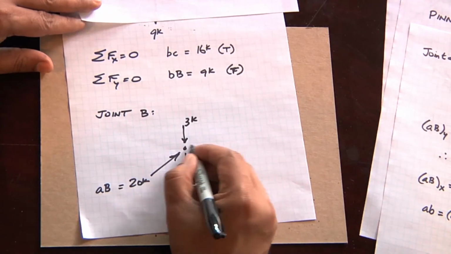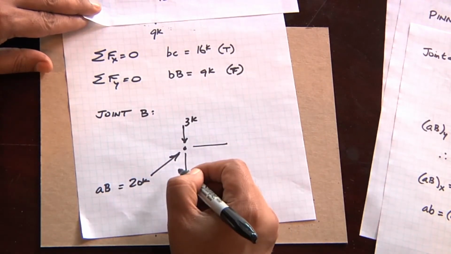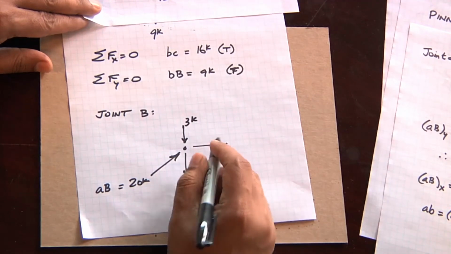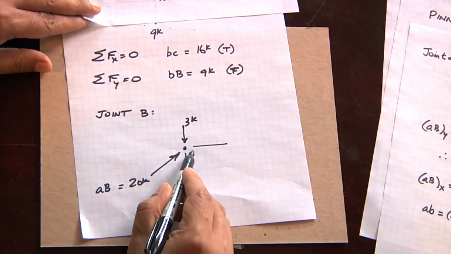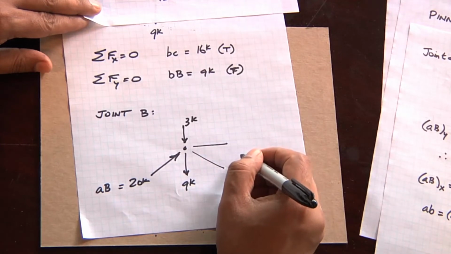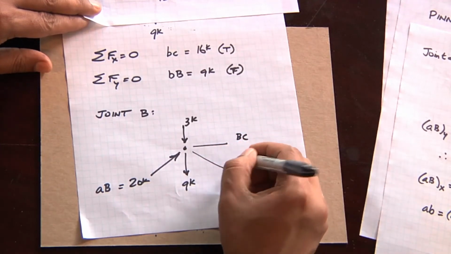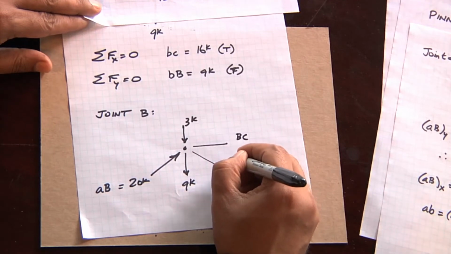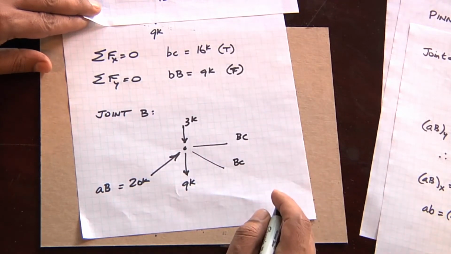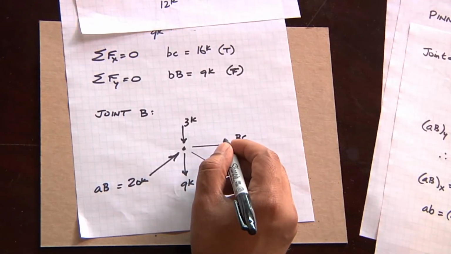We have BC, whose direction we don't know yet, but we can figure it out with a bit of deduction. So we have capital BC and capital B, lowercase c. How can we figure out which force is going in which direction?